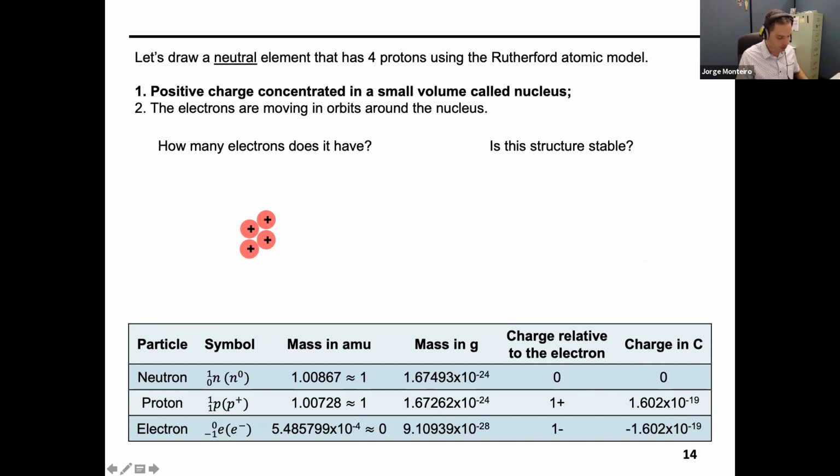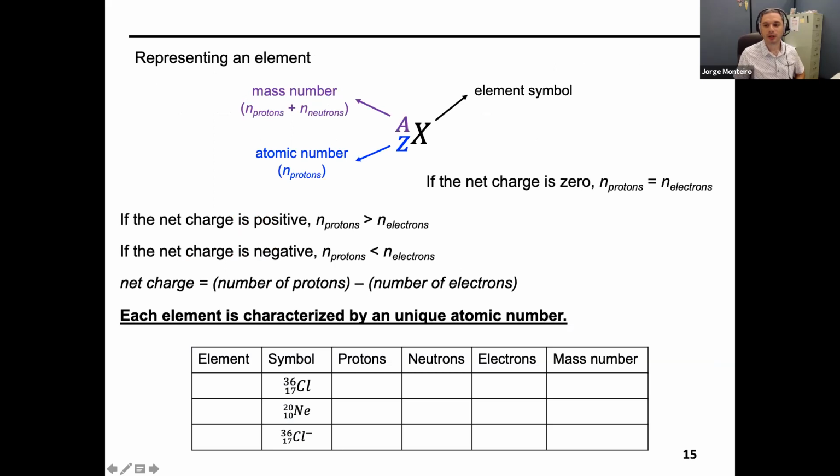Let's see how we represent an element. Every element has a symbol. On the top left corner, we represent the mass number.